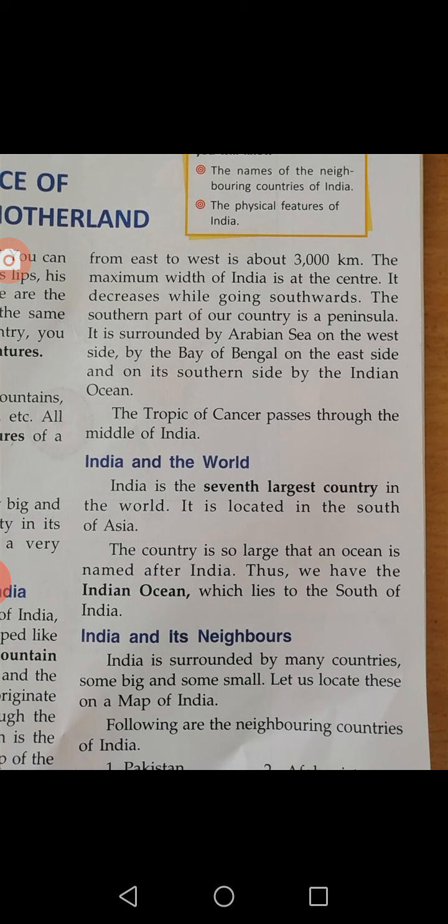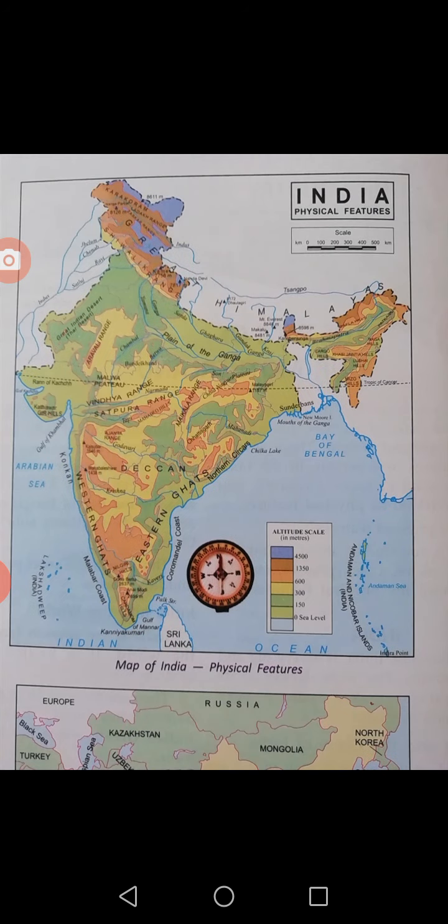The breadth from east to west is about 3000 kilometers. From east to west, from Gujarat to the west side, how much is the breadth? 3000 kilometers. The maximum width of India is at the center.